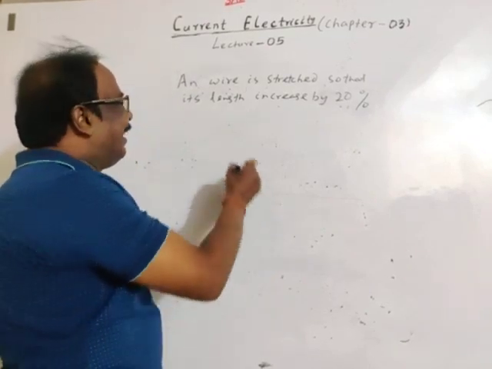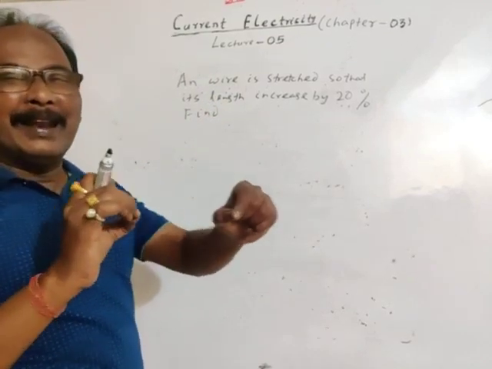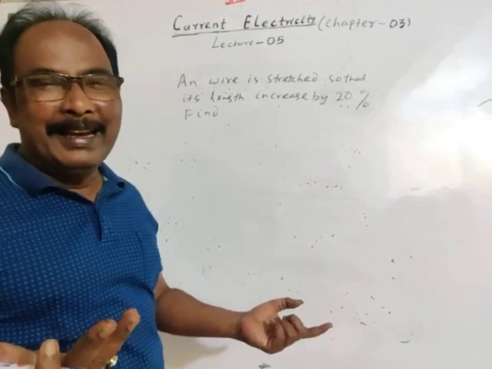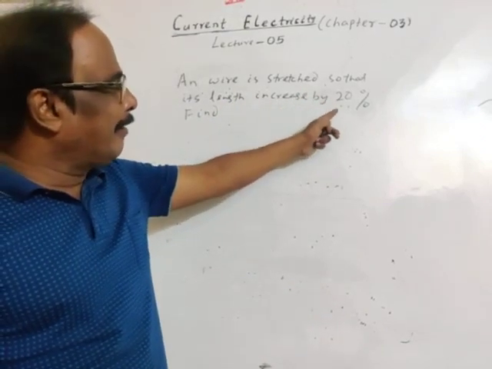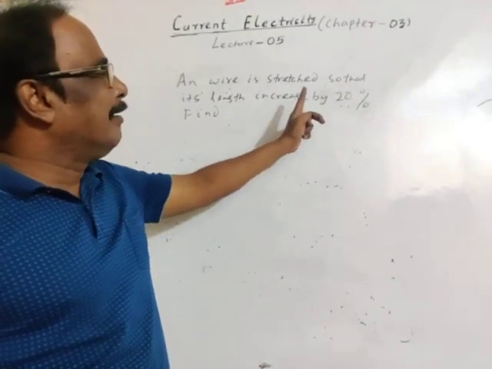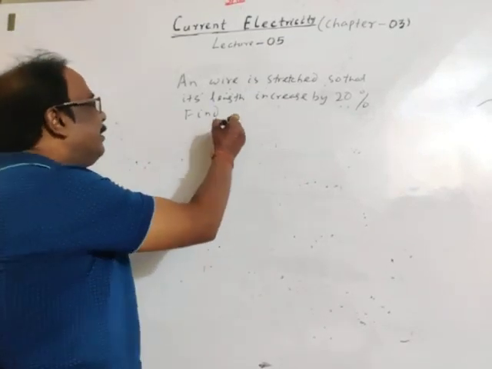Then find. If a wire is elongated, then length will increase. But it is mentioned that length increases by 20%. Then what is asked?